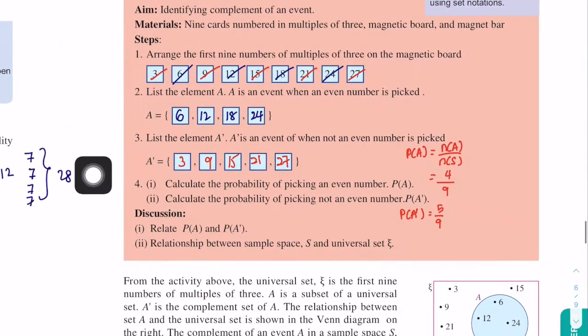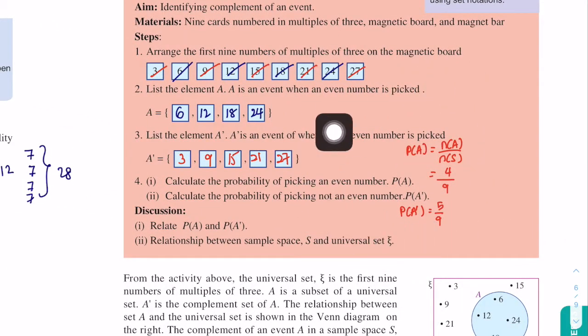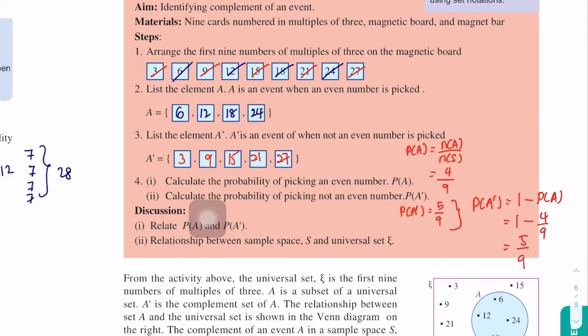If you already have P(A) and you want to find the probability of A prime, you can use the complement of an event. The way to calculate P(A prime) is simply 1 minus P(A). So you get 1 minus 4 over 9, and the answer is 5 over 9. This is one of the ways.